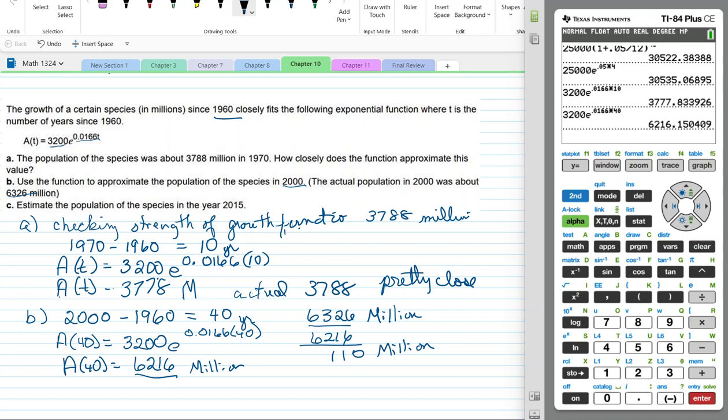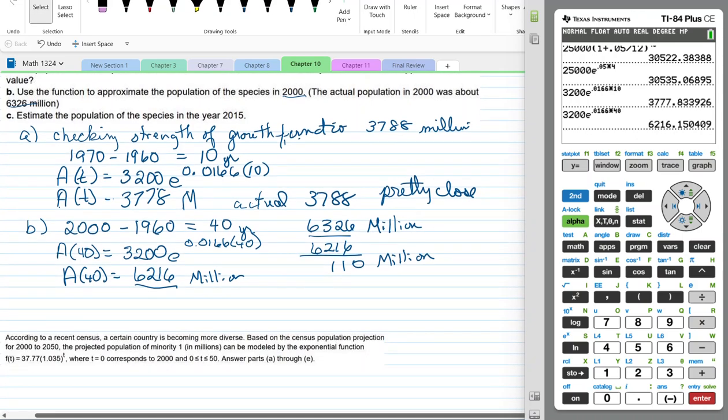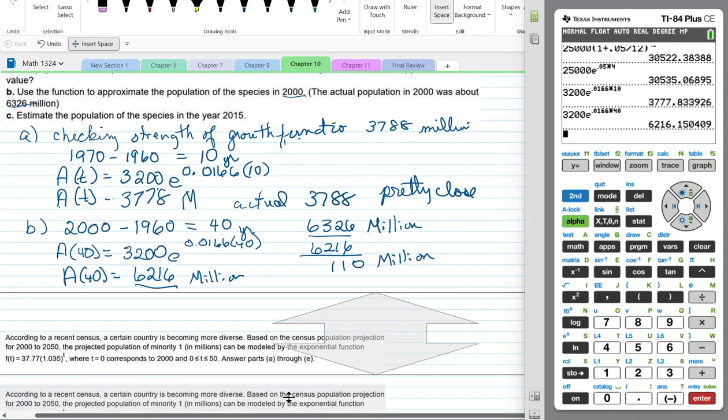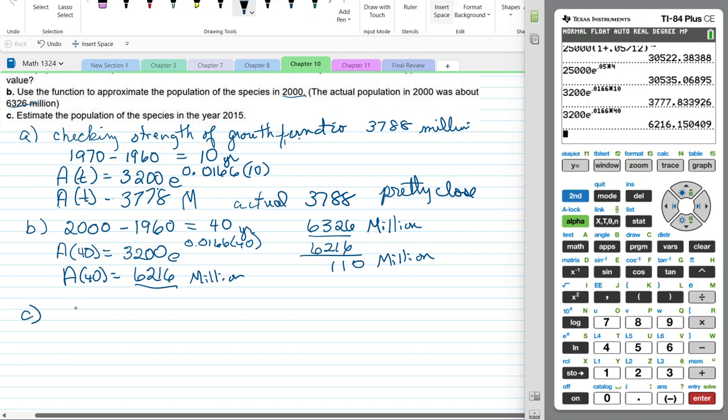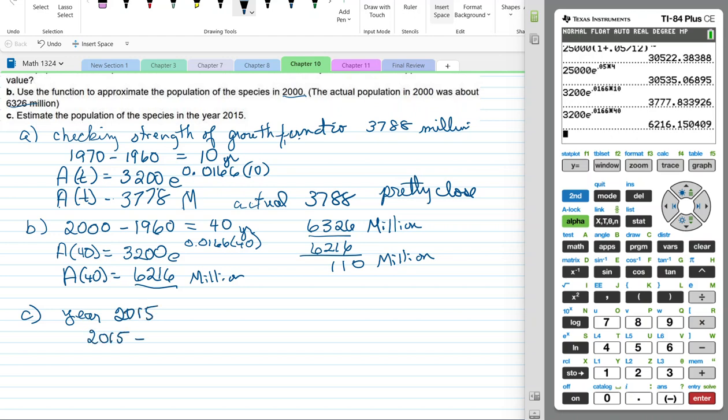Okay, so now we're going to estimate for 2015. So we're going to take the 2015 and subtract the 1960. Sorry.